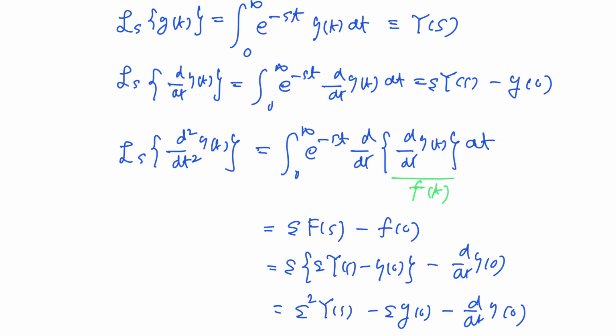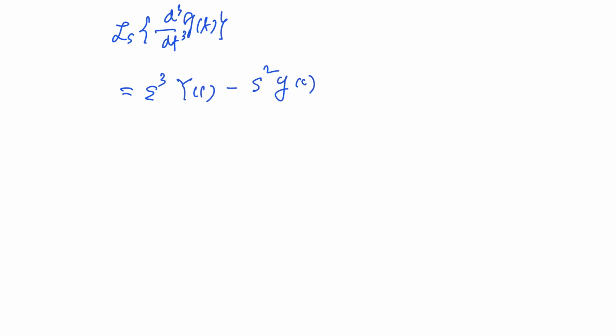Third order. dt squared, s cubed y of s minus s squared y of 0 minus s dt dy of 0 minus dt squared y of 0.